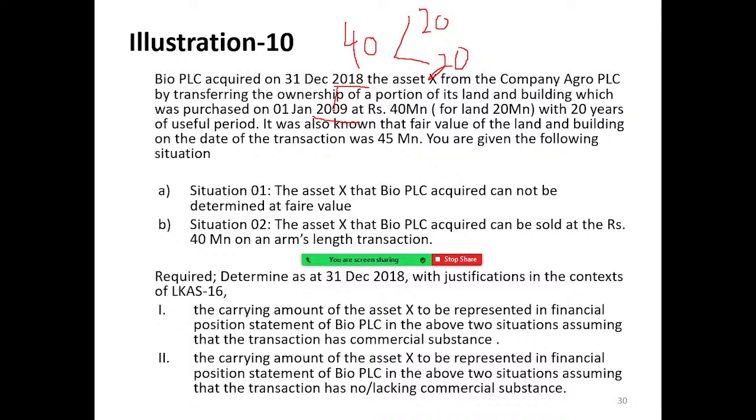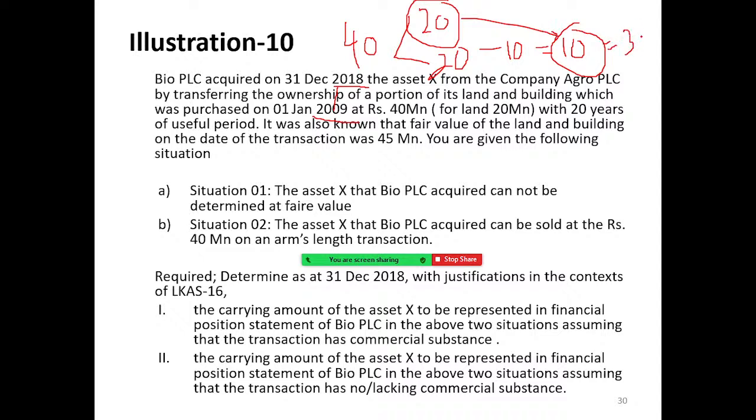The building is owned for 10 years, therefore accumulated depreciation for the building is 10 million, so the carrying amount of the building is 10 million. The carrying amount of the land is 20 million. Therefore the carrying amount of the asset given up equals 30 million.